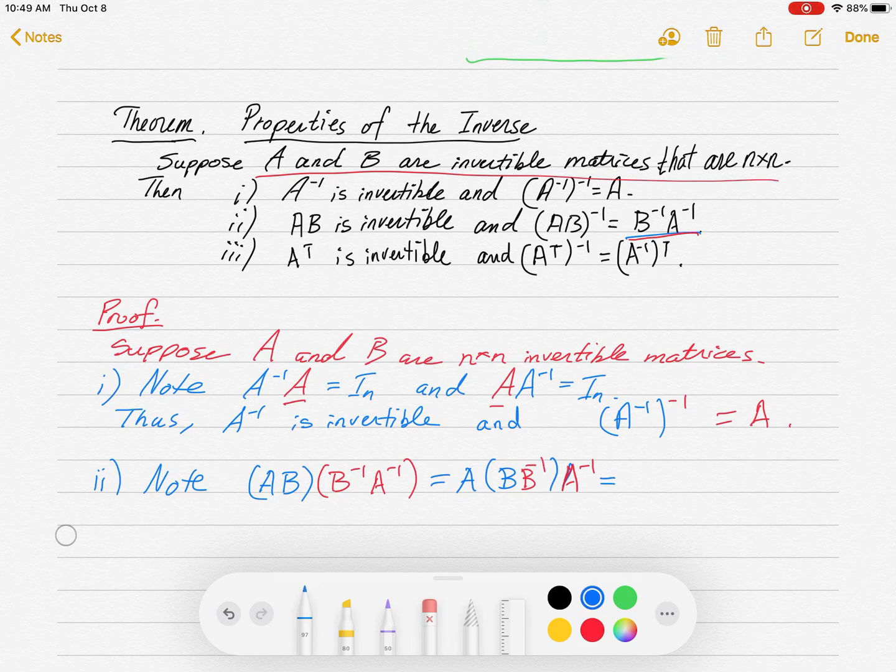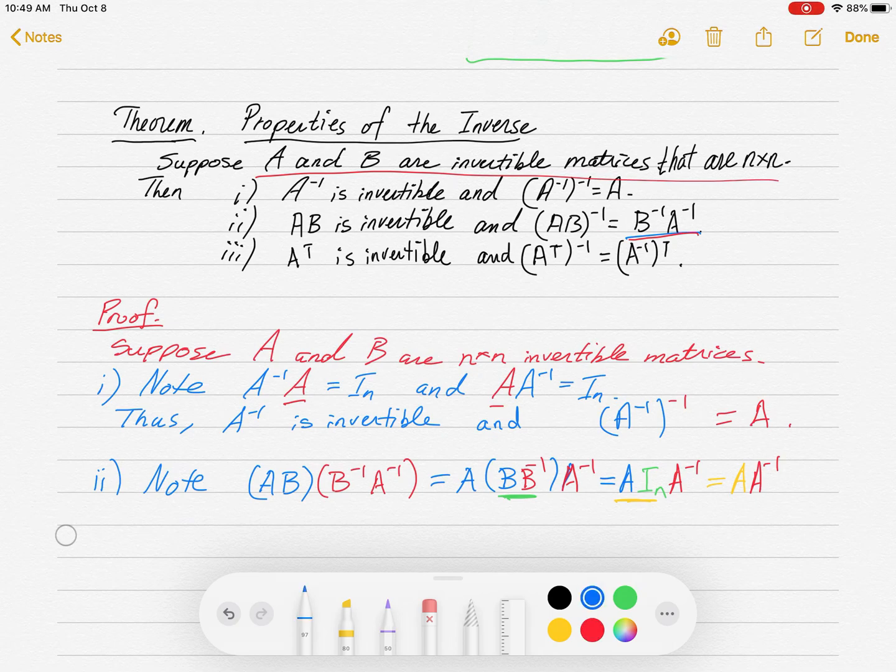So I have an associative property. I can associate the middle two, right? The B with the B inverse. I can put my parentheses around the B and the B inverse. And what happens when I multiply those together? If I multiply B and B inverse together, I get the identity, right?